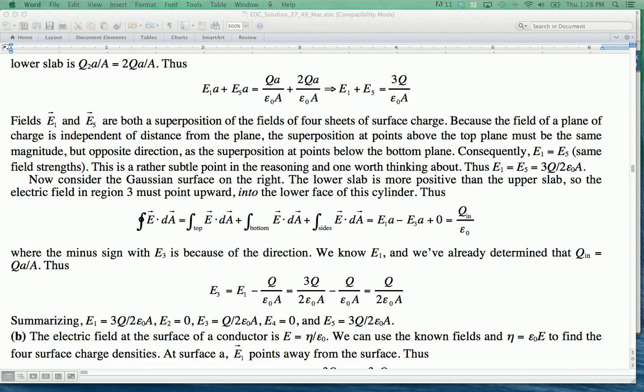Does that make sense? Right? Because when we integrate over the surface of a sphere, we're just going to get the full surface area of the sphere. So what we get is that this flux is going to be this E value times 4 pi r squared of that sphere. And then that's going to equal Q over E0.